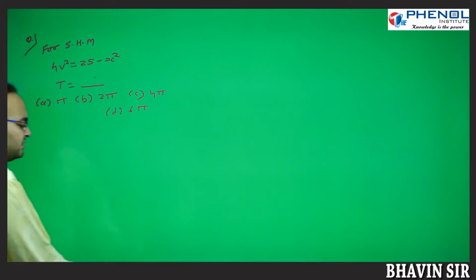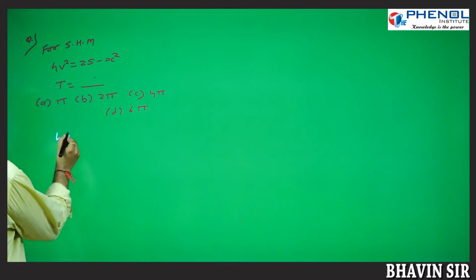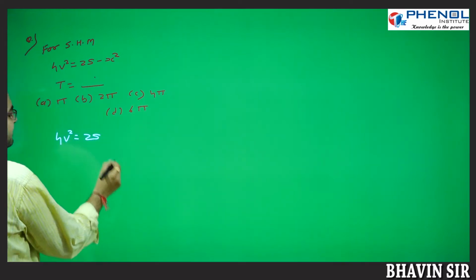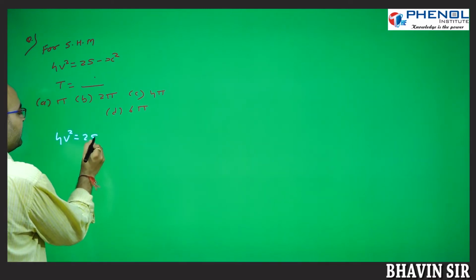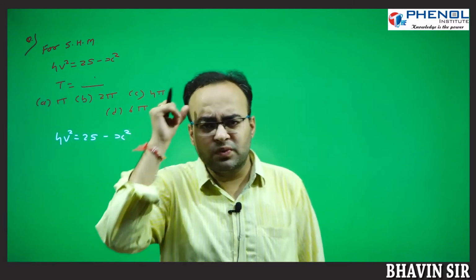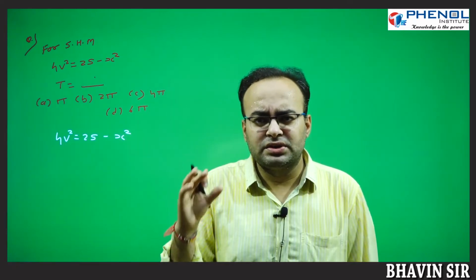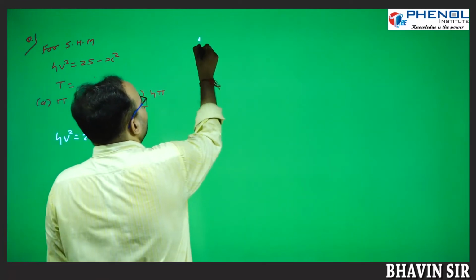So see students, how to find it. Velocity is given by 4v square equal to 25 minus x square. But students, what is the standard equation of velocity for SHM?